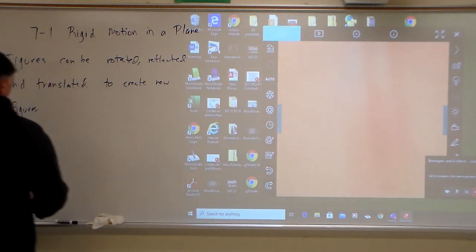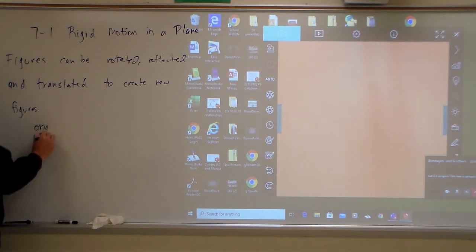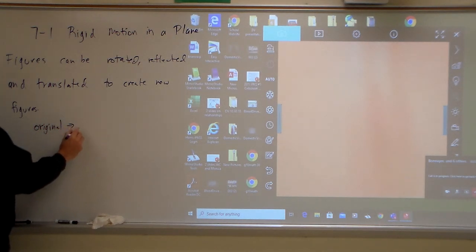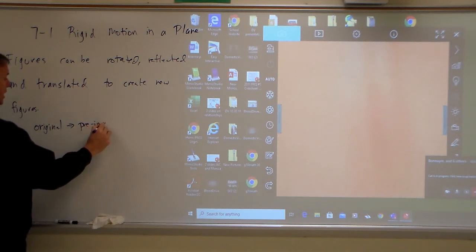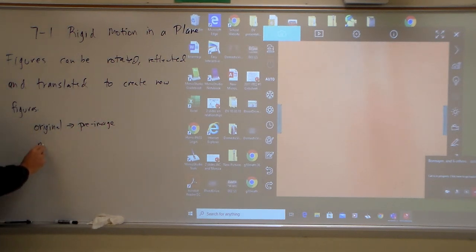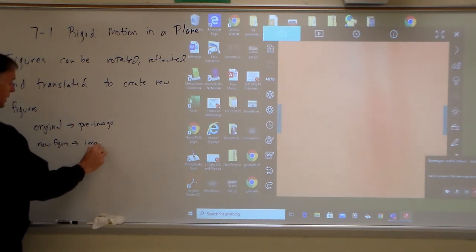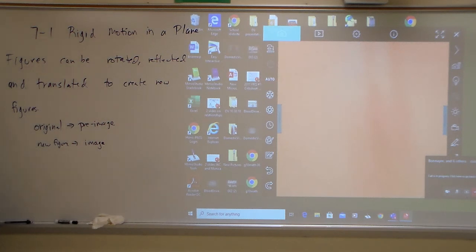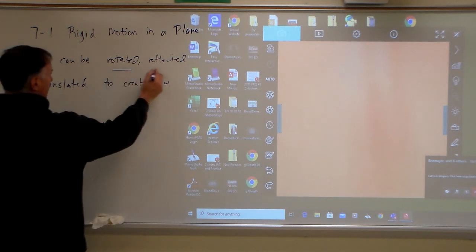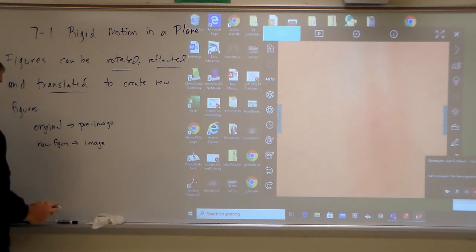Okay? So the original is called a pre-image, and your new figure is called an image. So the original becomes a pre-image and the new figure becomes an image. And the operation, whether it be a rotation, a reflection, or a translation, those are all called transformations.